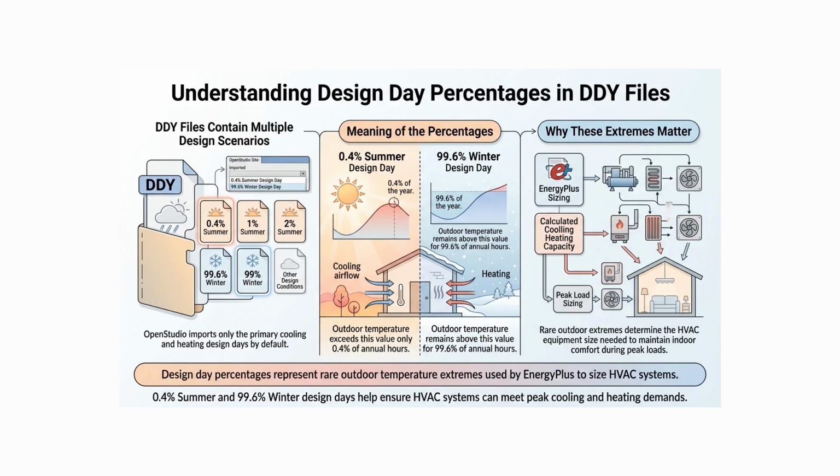These rare extremes help EnergyPlus determine how large the HVAC equipment must be to maintain comfort under peak loads. Once the DDY file is imported, the Site tab automatically updates to show the loaded design days. If needed, you can also add or remove design days manually using the buttons provided in the interface. In short, design day files are essential inputs that guide EnergyPlus in correctly sizing your HVAC systems under extreme but realistic conditions.